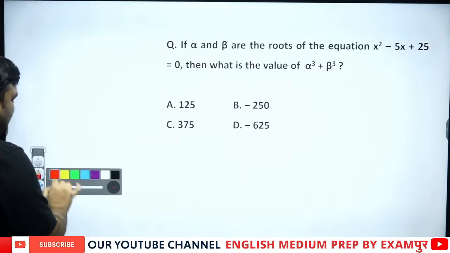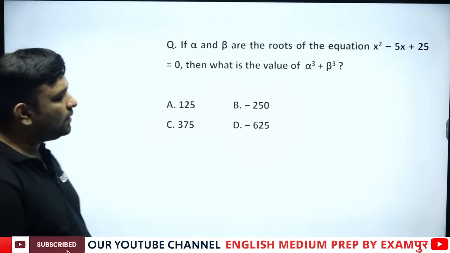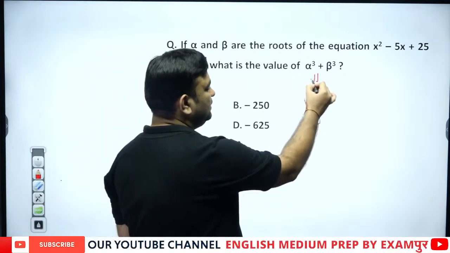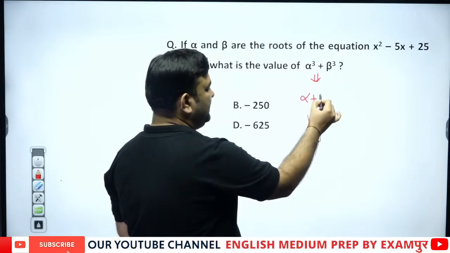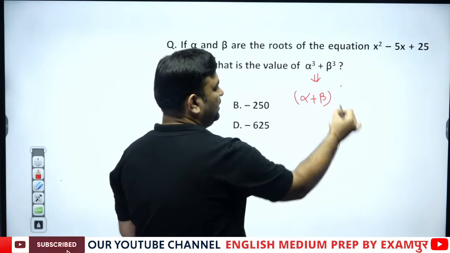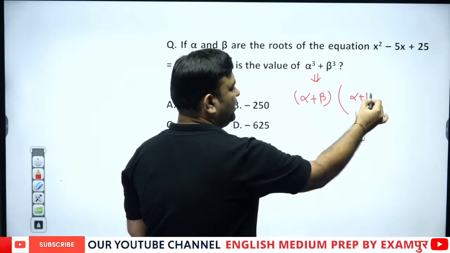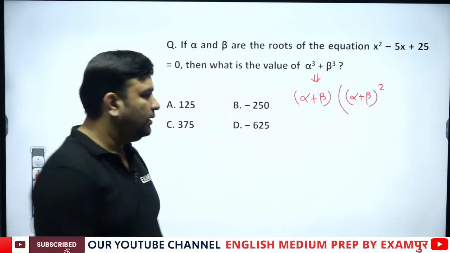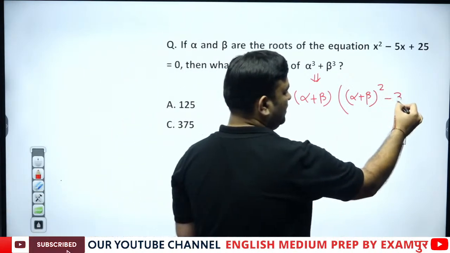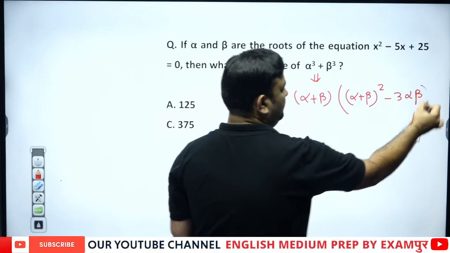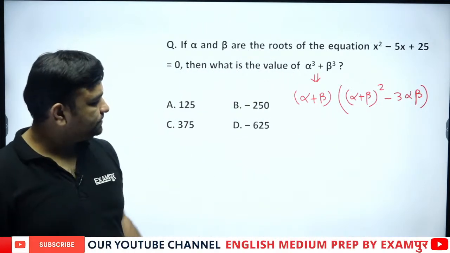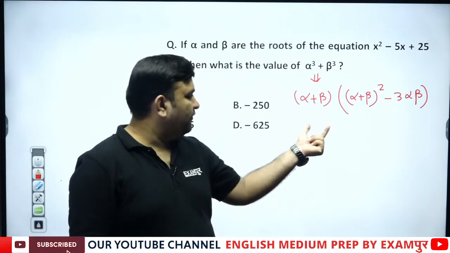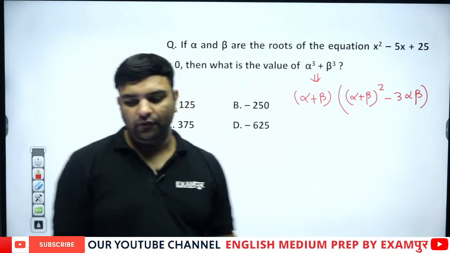Alpha cube plus beta cube is alpha plus beta whole cube minus 3 alpha beta times alpha plus beta. Alpha plus beta is the sum of roots and alpha into beta is the product of roots.